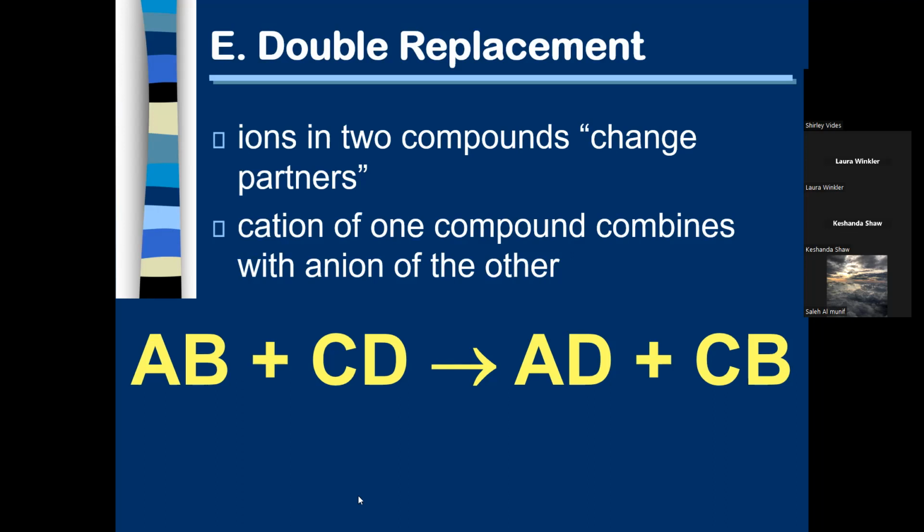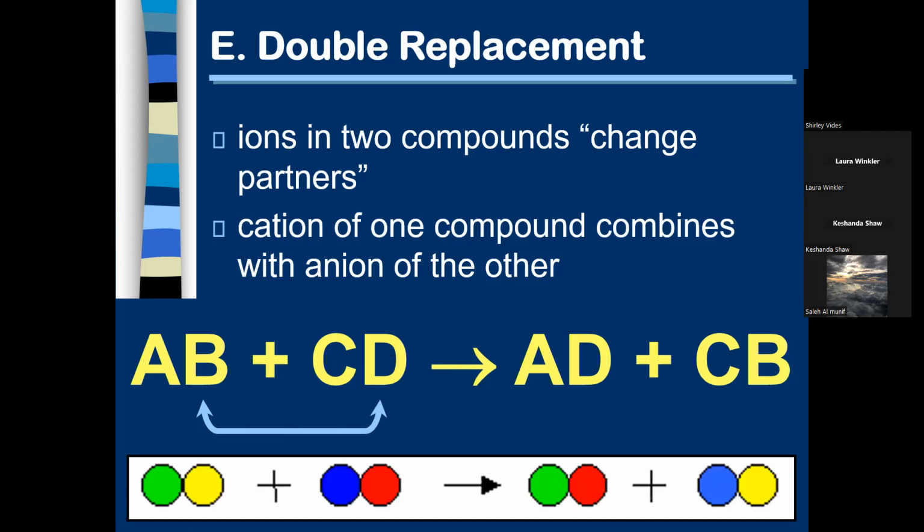You notice that here is AB plus CD, and you ended up with AD, which is the D that came from the CD, and the C got the B, which came from the AB, you see? So it's a double replacement, because now not only did you boot one out, but then you replaced it by the other one. That's why it's called double. You're replacing two. And for those of you who are visual, there's the colors.